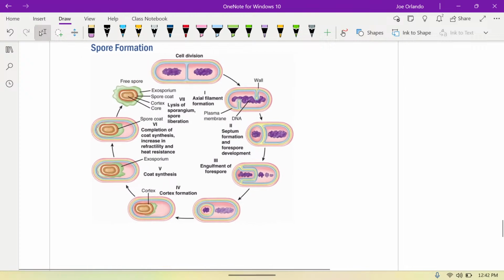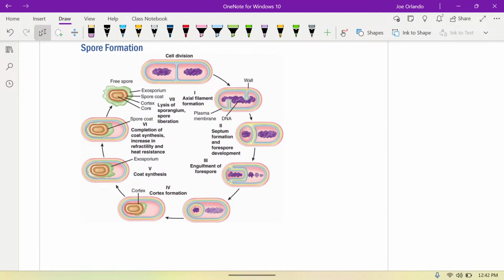So, last thing, another way that cells, and we don't even have to write anything here, just something to note, bacteria themselves have short lifespans. But they have the ability to lie dormant for potentially very long periods of time by forming something called spores.